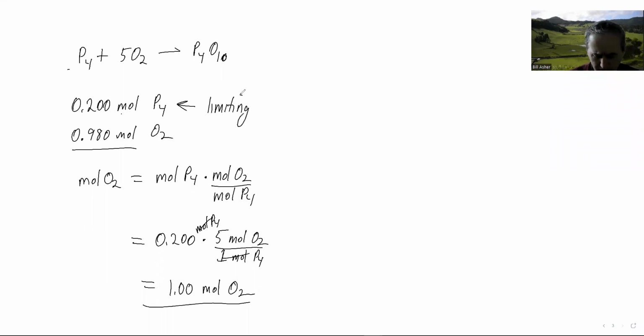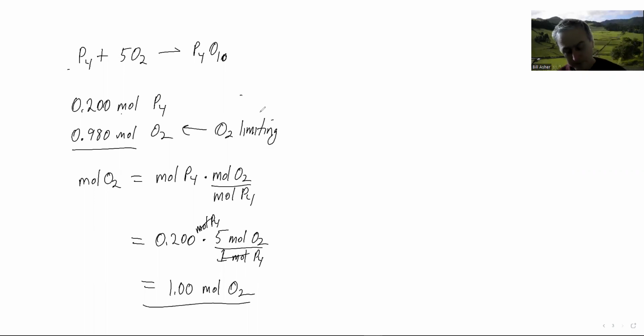I'm sorry, let me back up a minute. To react all of this P4, it would require 1.00 moles of oxygen, but we only have 0.98 moles of oxygen, meaning that the oxygen is smaller than the amount required. So oxygen is limiting. O2 is limiting.